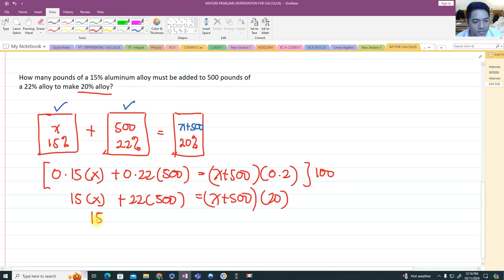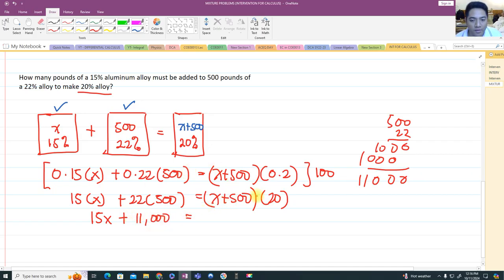So we have 15x plus 500 times 22, which is 11,000.